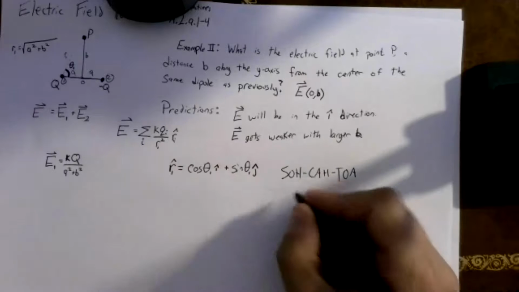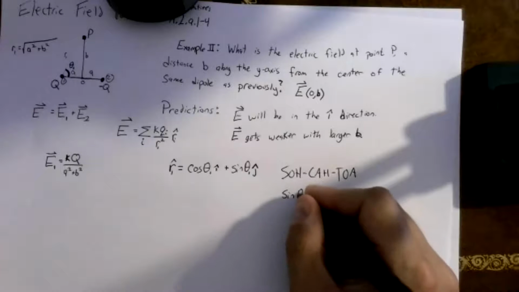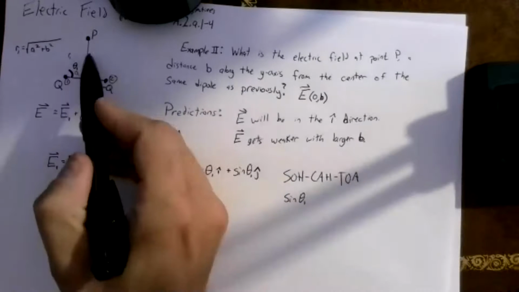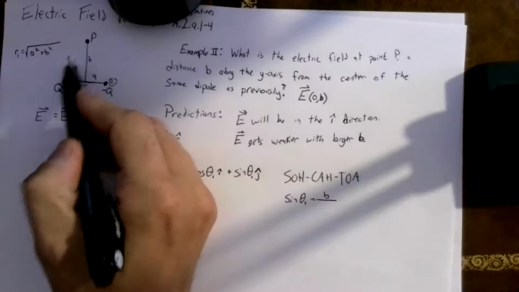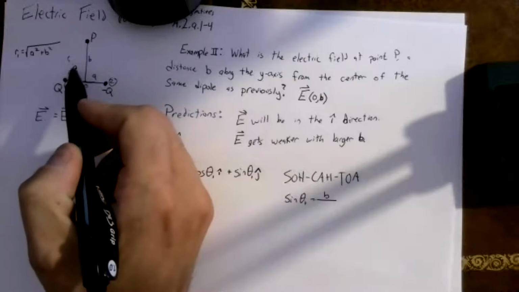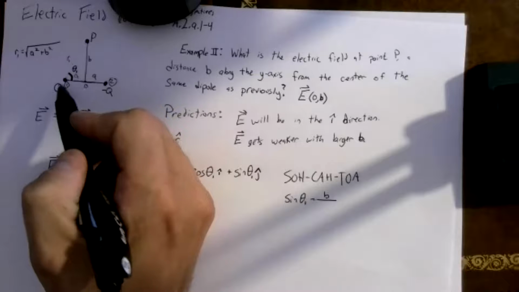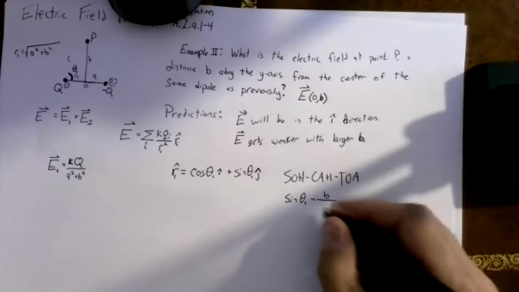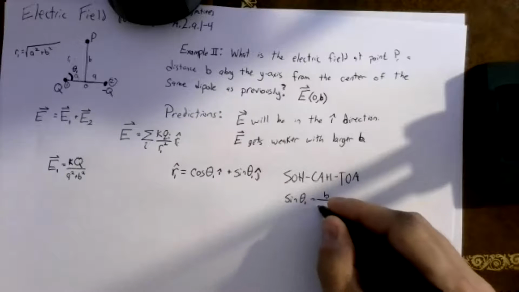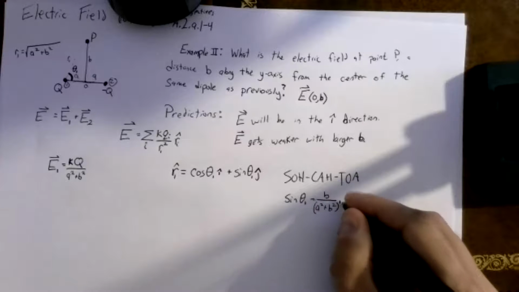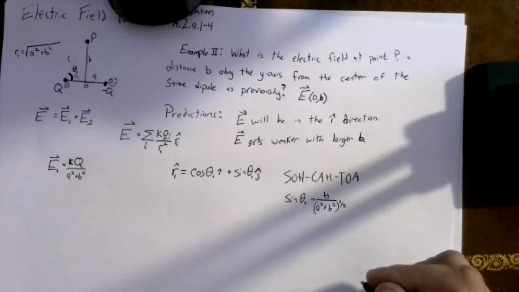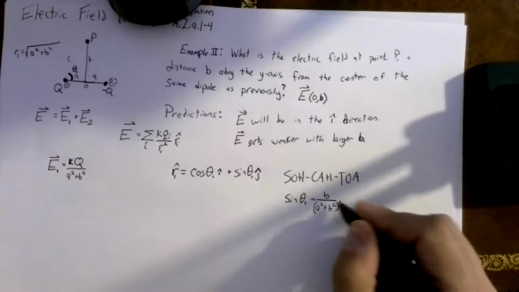So what do we get for the sine? The opposite is B, so B over the hypotenuse. And we don't want to write it as r, because that's not given. We would write it over A squared plus B squared, square rooted, because it's r, not r squared. So I'll put it to the 1/2 power. Okay, so that would be the sine of our angle 1.